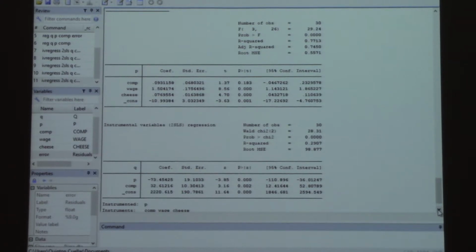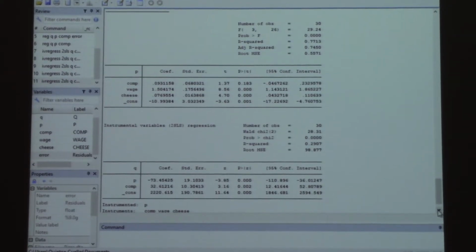What do the coefficients on wage and cheese mean? It's just telling us how strong a correlation wage and cheese have with the price of pizza itself. So literally, it's saying that for every $1 increase in wages, the price of pizza will go up by $1.50. And for every $1 increase in the price of cheese, the price of a pizza will go up by 7 cents.